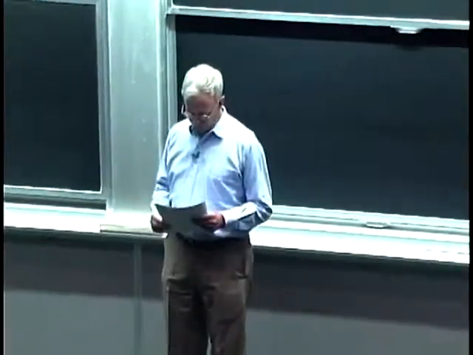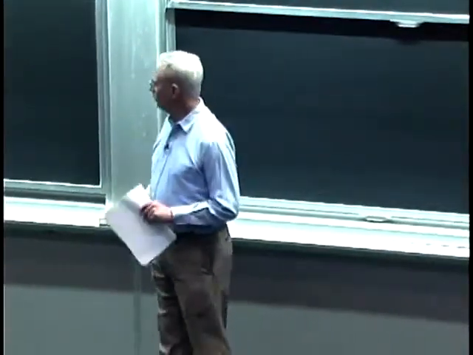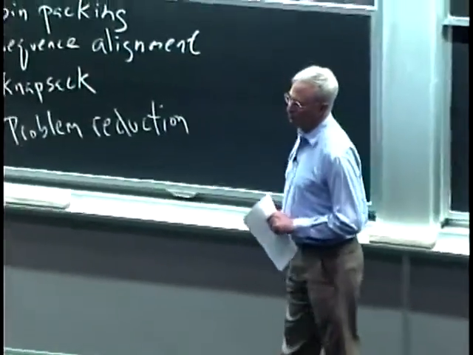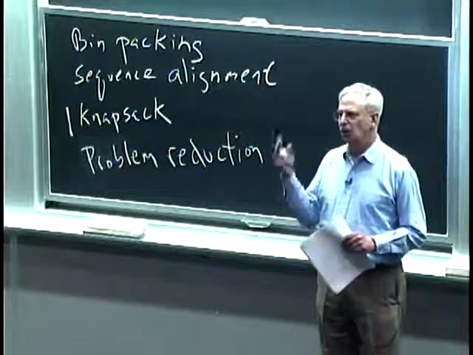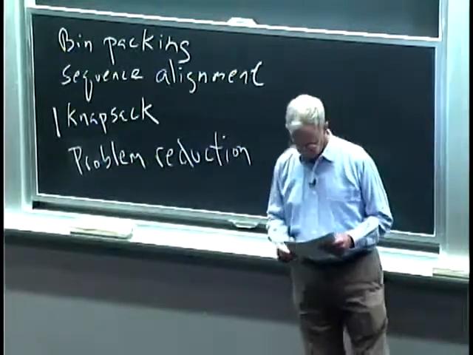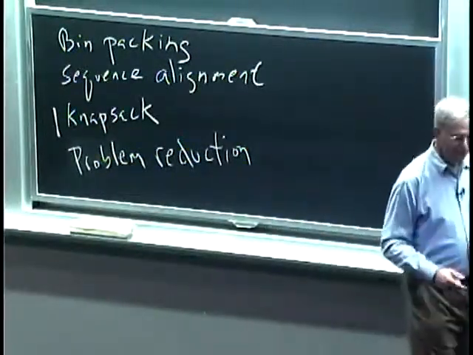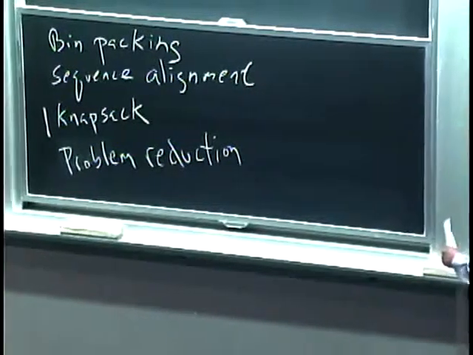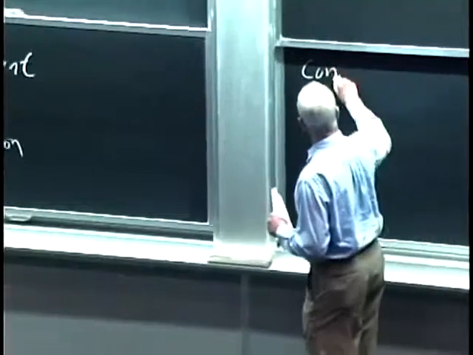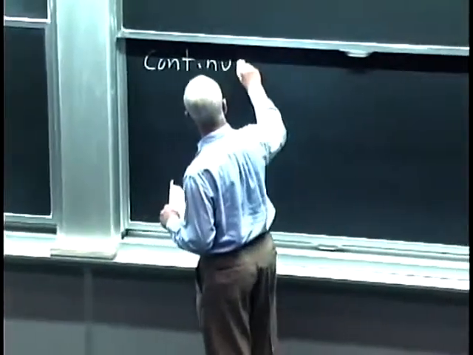Consequently, you have to be clever about it. Typically, up till now, we've looked at things that can be done in sublinear time, or at worst, polynomial time. We'll now look at a problem that does not fall into that. And we'll start with what's called the continuous knapsack problem.